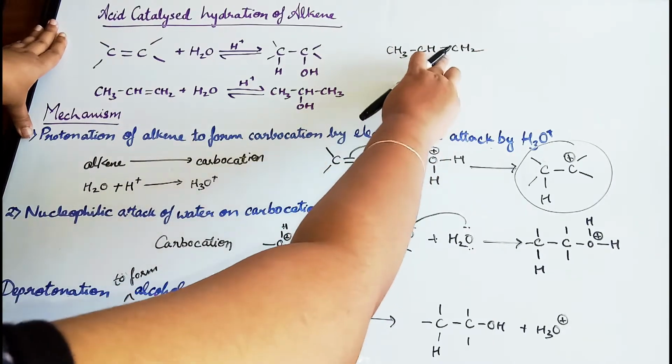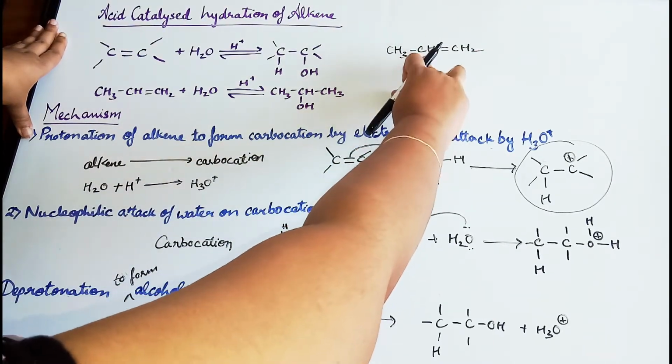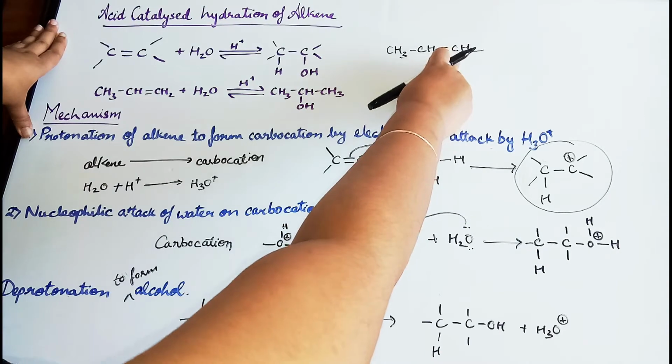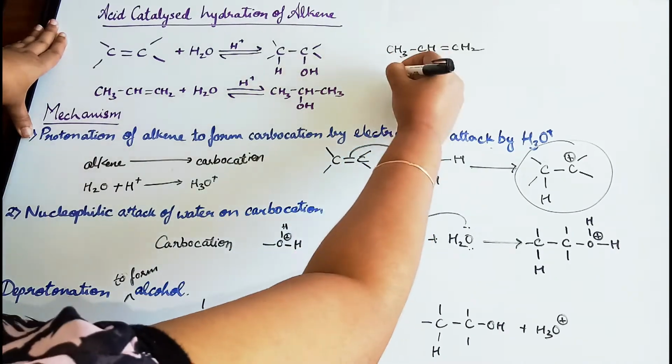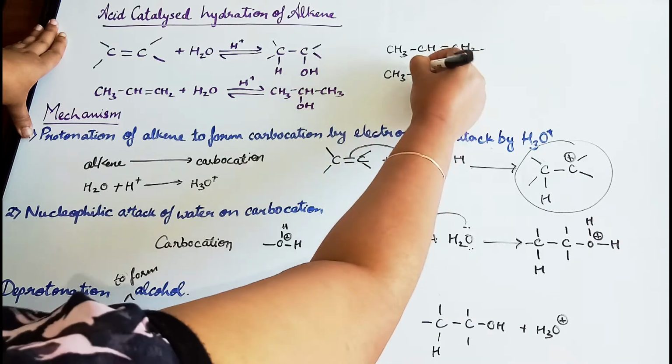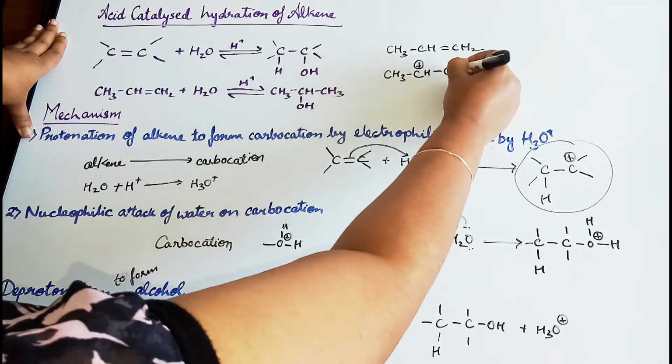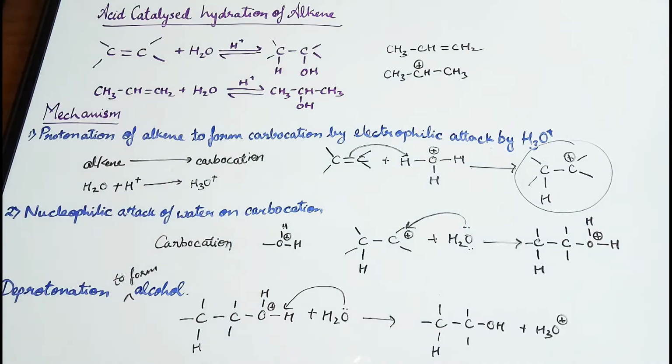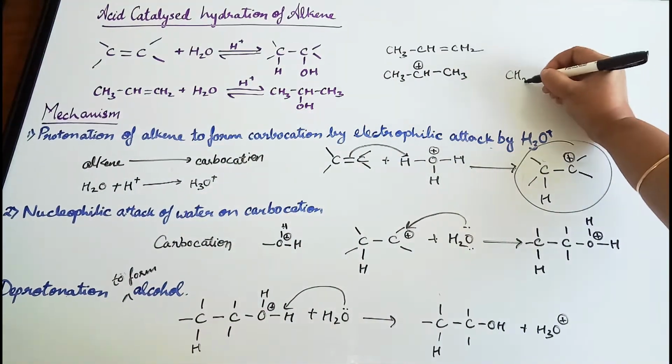One, the positive charge could have been on this atom, or the positive charge could have been on this atom. So here, let's take the first case where your positive charge is on the second carbon atom. Okay, and this next case where the positive charge is on the third carbon atom.